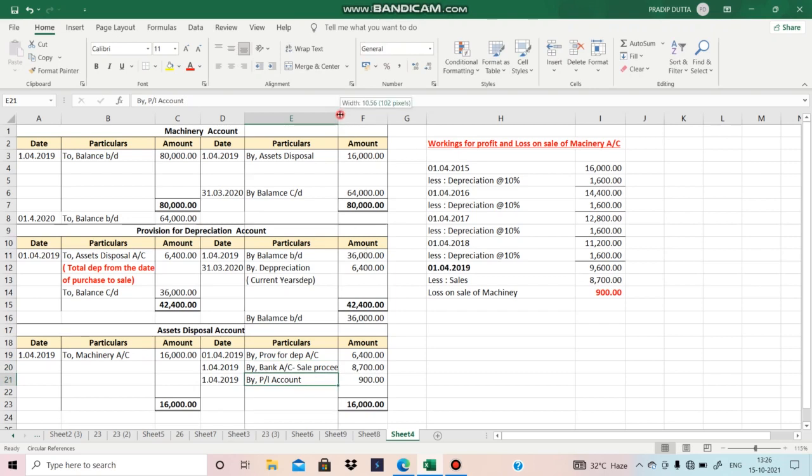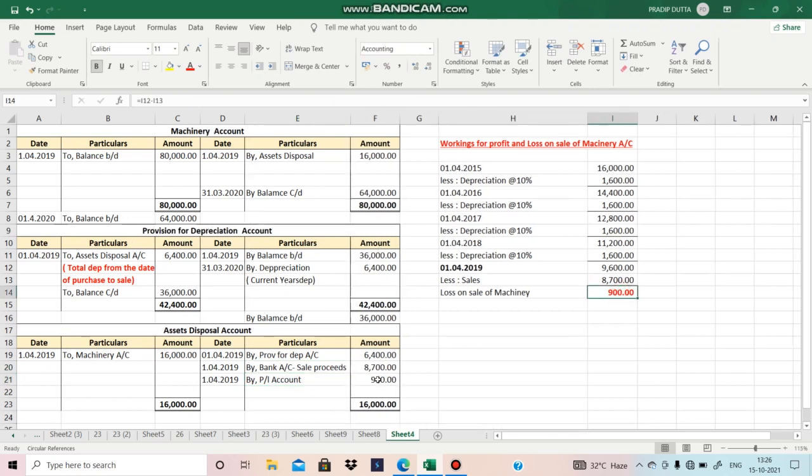And the profit and loss from here to here, and it is matched. Hope it is clear for you. It is known as the depreciation under provision method, or we can say accumulated depreciation. So see this particular question repeatedly, and it will be very easy for you. Thank you so much.